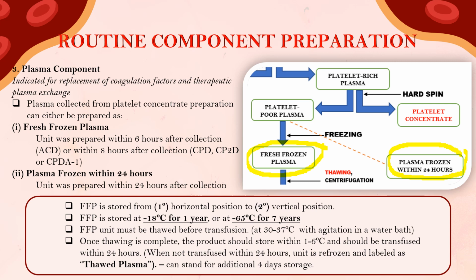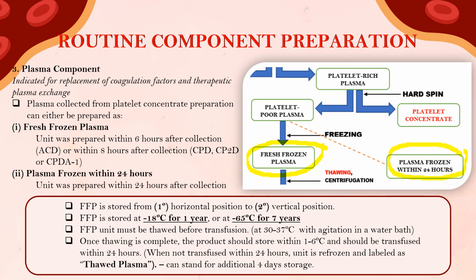So if a plasma unit has been prepared within 24 hours after collection, we term the component as PF24 or plasma frozen within 24 hours. And your plasma components in general are indicated as a replacement of the coagulation factors, particularly on severely bleeding patients, or that is used for therapeutic plasma exchange.